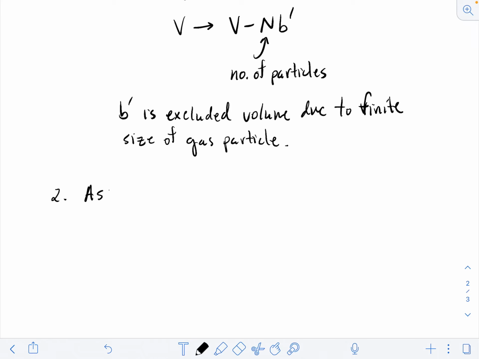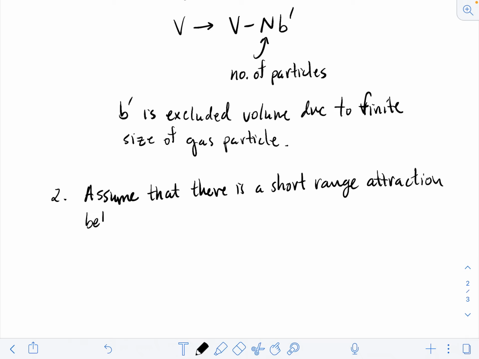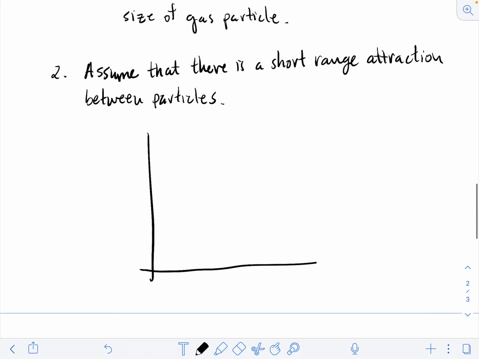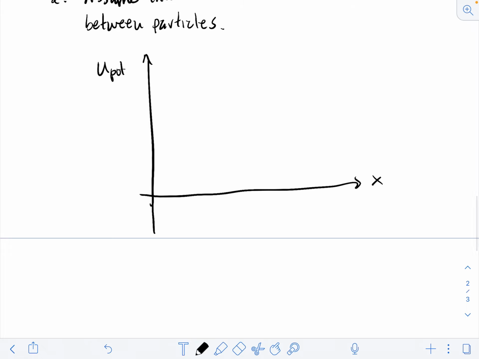Another assumption is that we assume that there is a short range attraction between particles. Remember last time we wrote down a potential energy diagram for a pair of interacting particles, and it looks something like this, where there was some equilibrium distance.